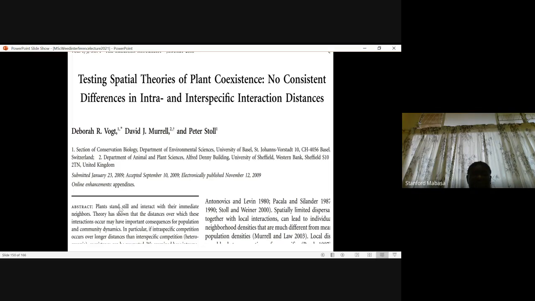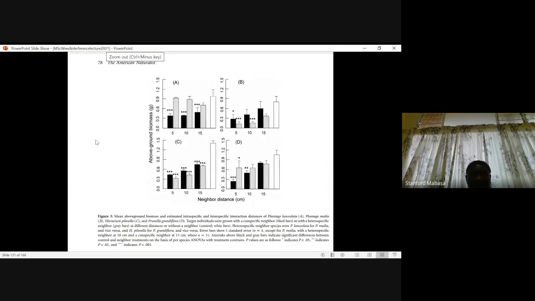Here we've got a paper which also used the neighborhood approach. It's by Vogit and other authors. They were also trying to measure neighborhood distance away from the target plant.